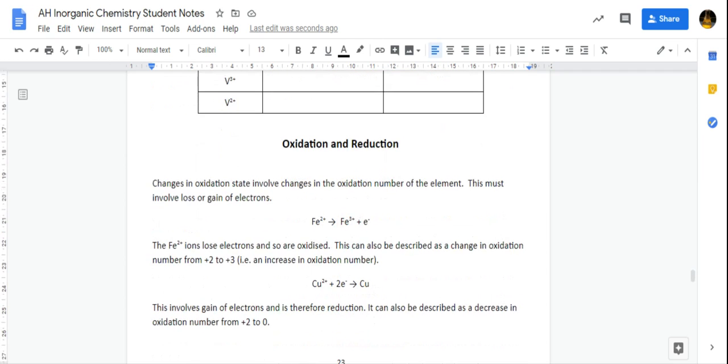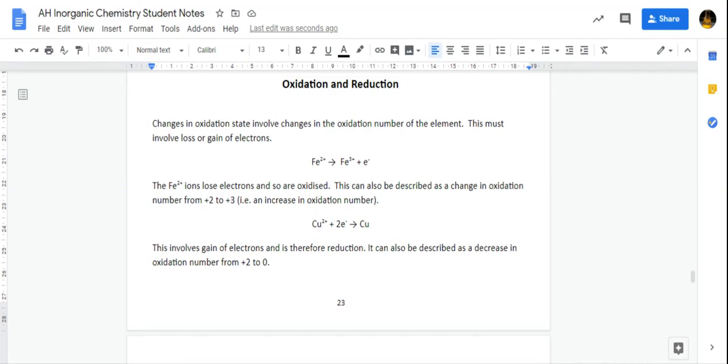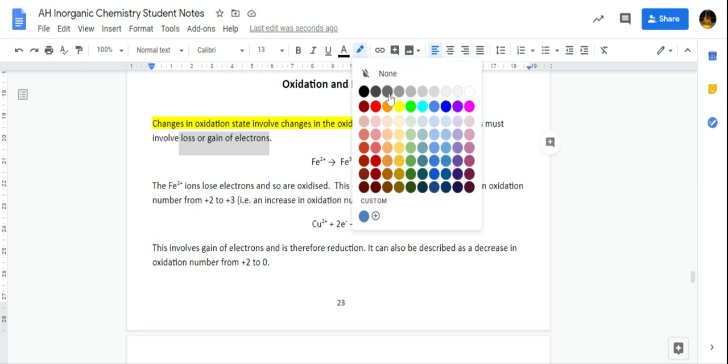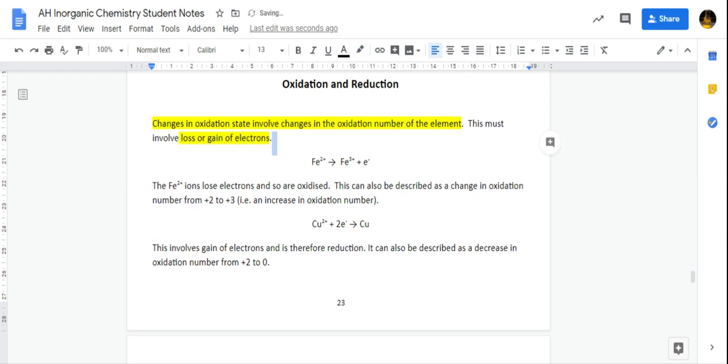So we can use this to relate to oxidation and reduction. Now, if you change the oxidation state, then you're changing the oxidation number of an element. And this involves the loss or gain of electrons, just as we saw in National 5 chemistry. For example, here we've got iron 2 ions changing into iron 3 ions by losing an electron.